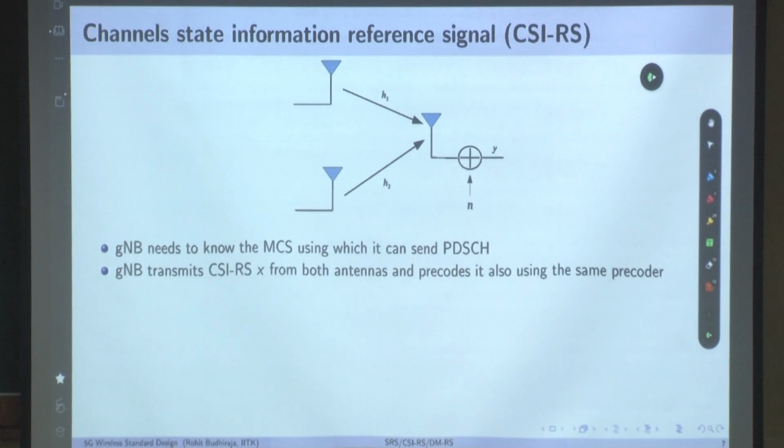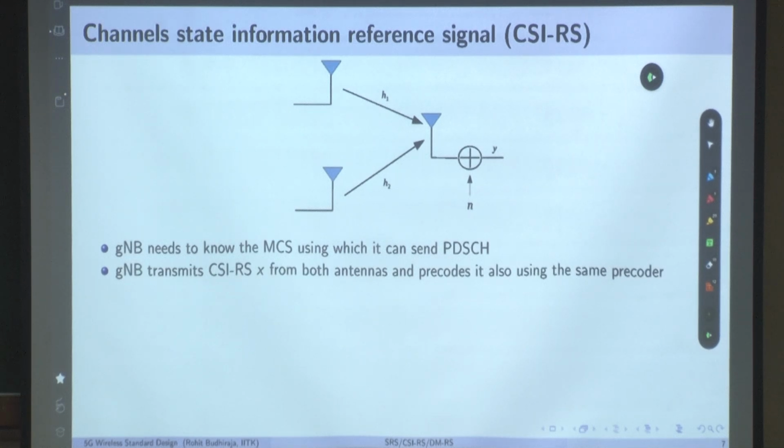Now it knows the downlink channel, and it essentially knows the precoder which it has to design using this downlink channel information. If you remember the specific precoder we used, the same precoder we are going to use now.